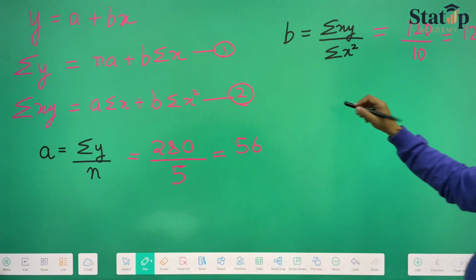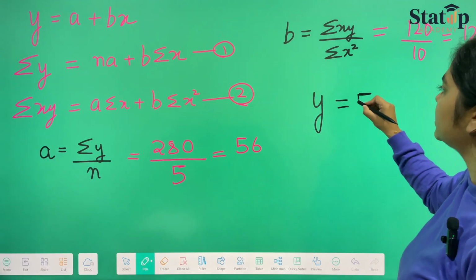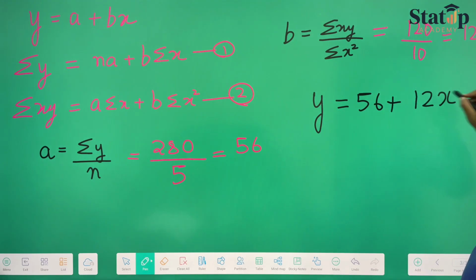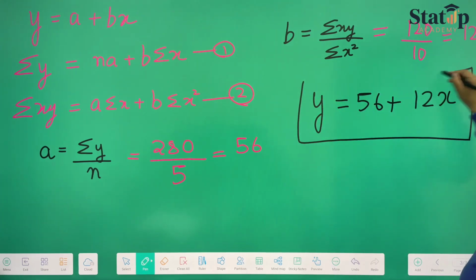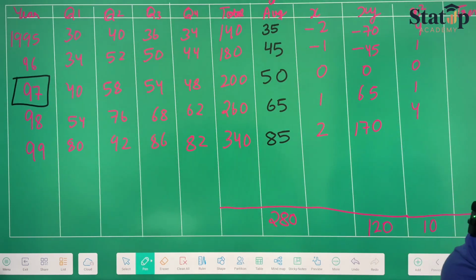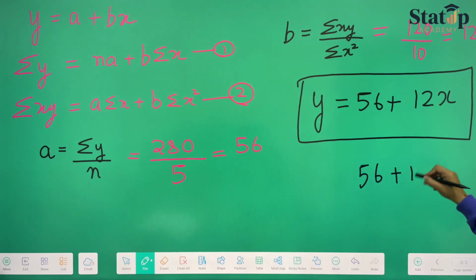So our equation would be y is equal to 56 plus 12x. These are the values. If we put this in the trend equation to find the first value, it would be 56 plus 12 into x, which was minus 2.